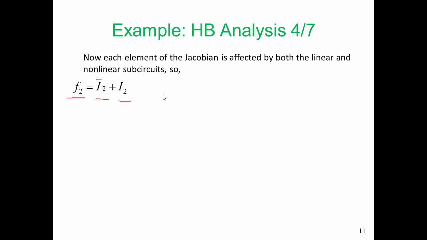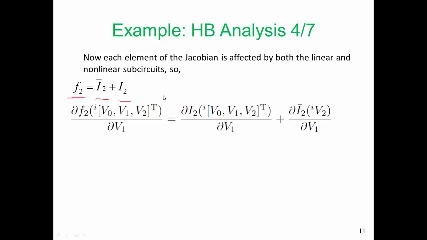Now we need the derivative of F2 with respect to each of the voltage phasors. So let's pick one. The derivative of F2 with respect to V1 is made up of a component that comes from the nonlinear current and a component that comes from the linear current.